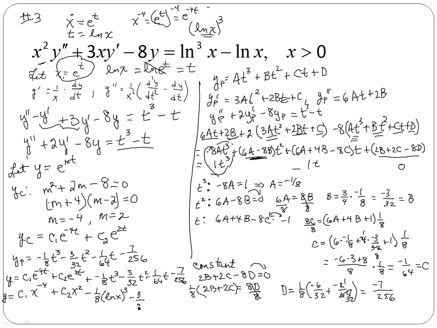Minus 3 over 32. T squared could be written as natural log x squared or natural log squared x. So minus 1/64 t, which is the natural log of x, minus 7 over 256. This should be the solution.